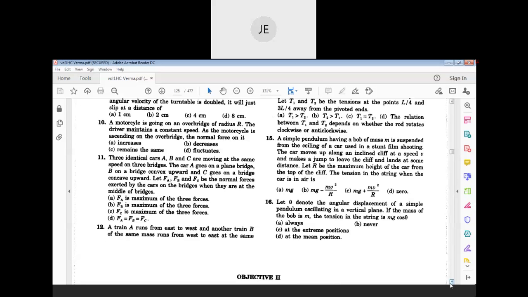What is the answer? It will increase or decrease or same.